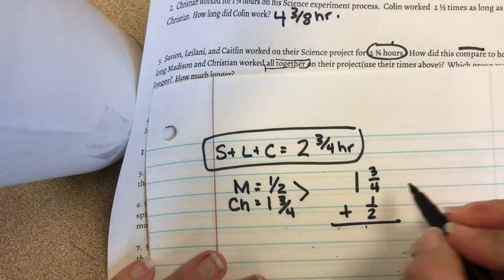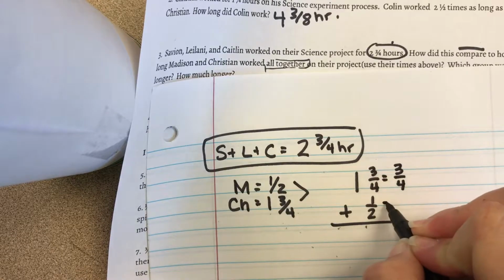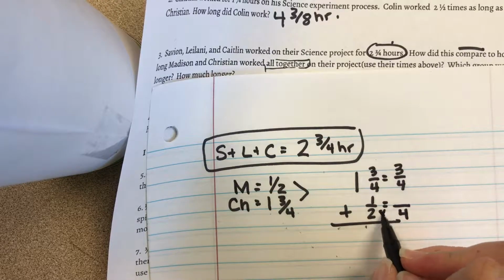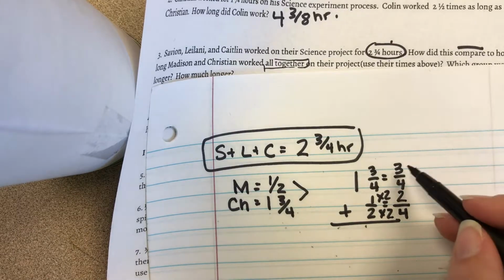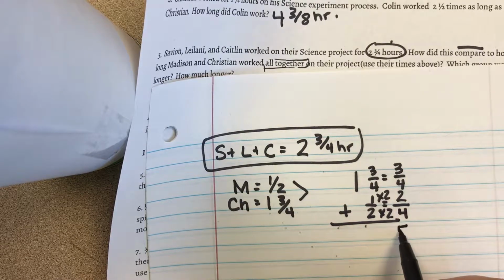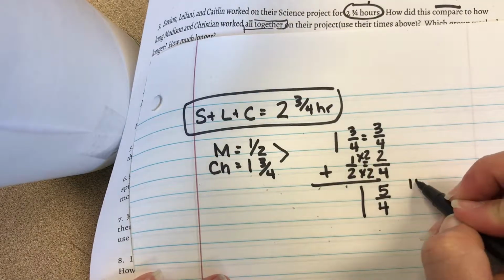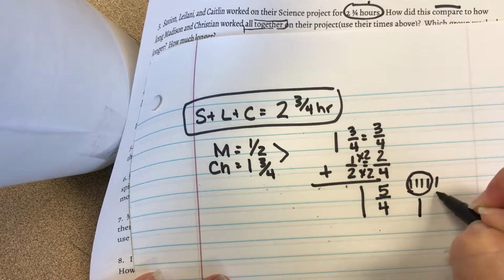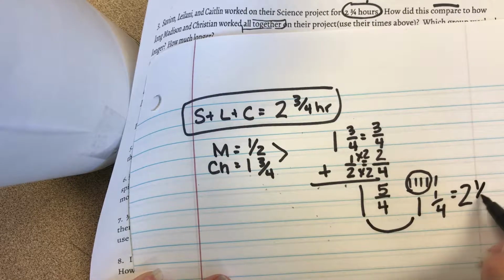I'm looking to keep one denominator the same and change the other. So 2 times 2, I have to do the same up here. 1 times 2. 3 plus 2 is 5, and my 4 stays the same. Bring down my 1. 5/4 has a better way to write it. 1, 2, 3, 4, 5. Circle a group of 4. 1 whole, 1 left over.